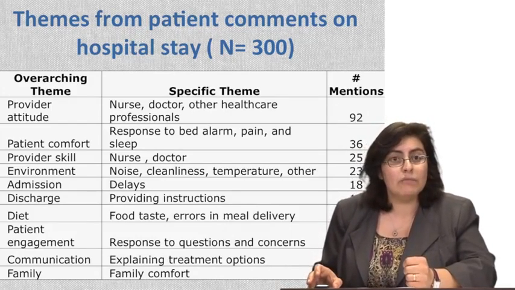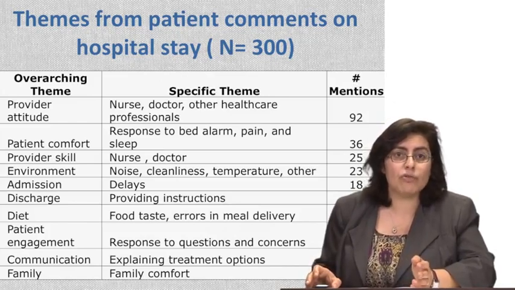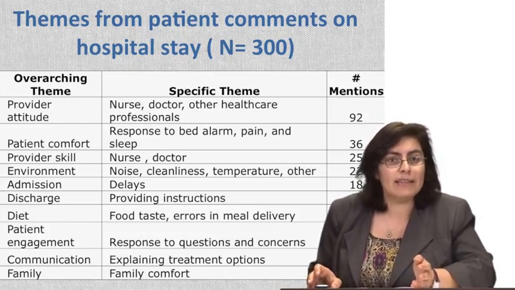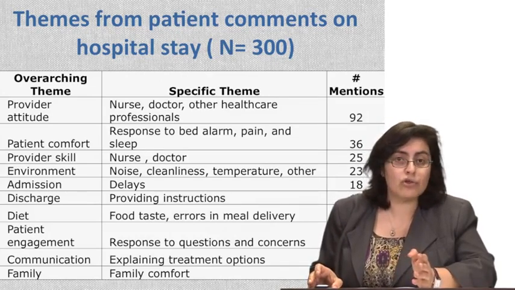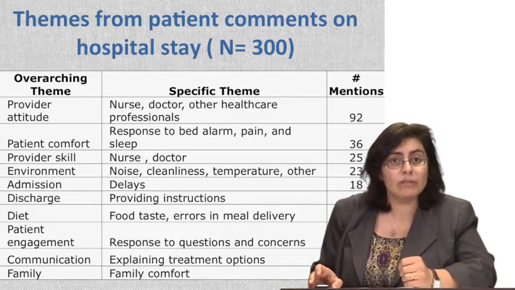They talked about the admission process and the discharge process. They worried about delays in admission, particularly, for example, if they were waiting too long in the emergency room before they got into the hospital.